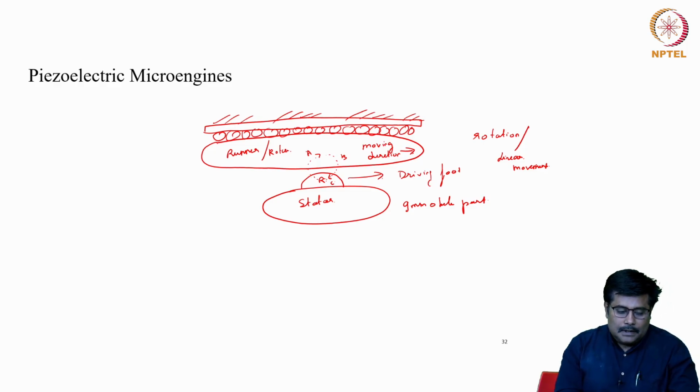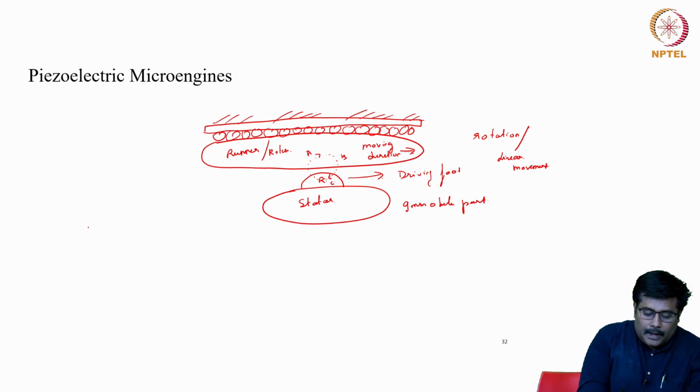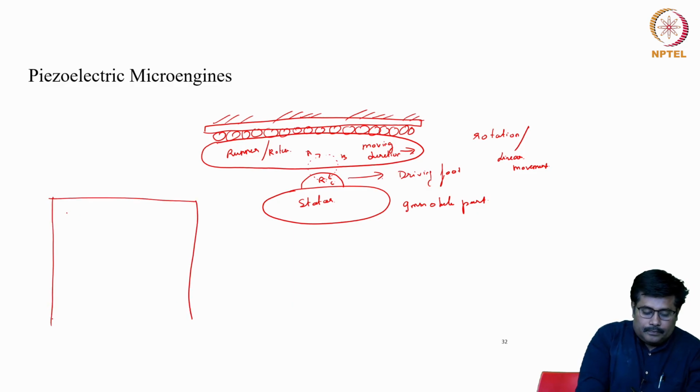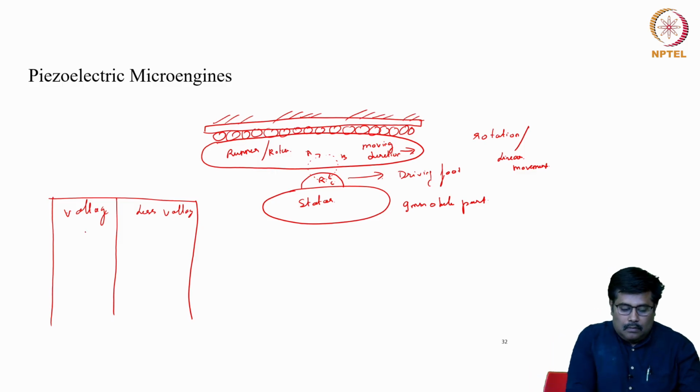Now, in this particular case, if I try to look into the overall advantages of this system, when I categorize with reference to different parameters, when I consider voltage, it requires very little voltage, with reference to size and weight.